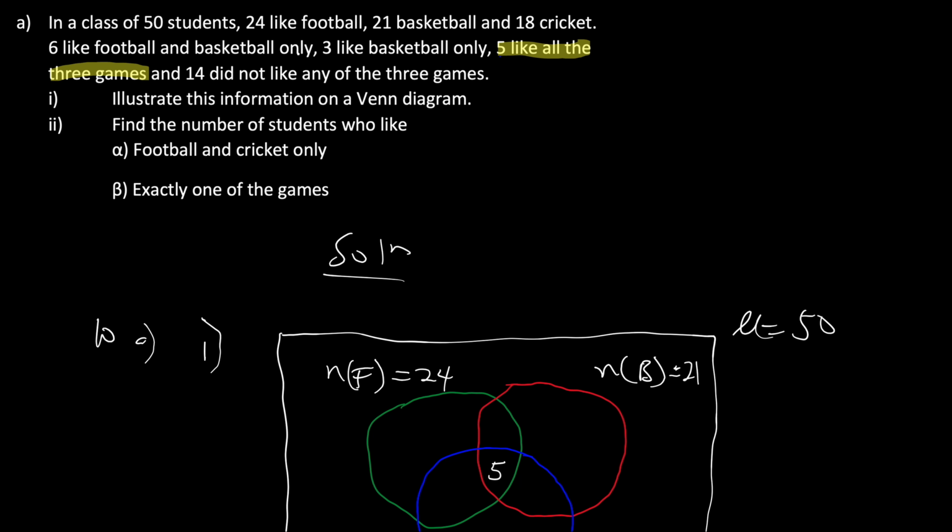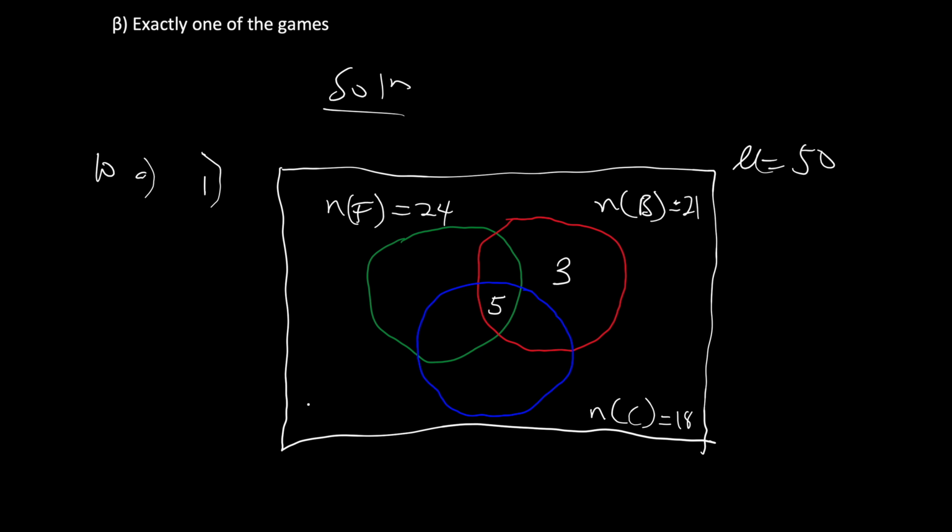We also know that 3 like basketball only, so only basketball will be here. 14 did not like any of the 3 games, so 14 students will be outside the circles but in the square because they are part of the class.